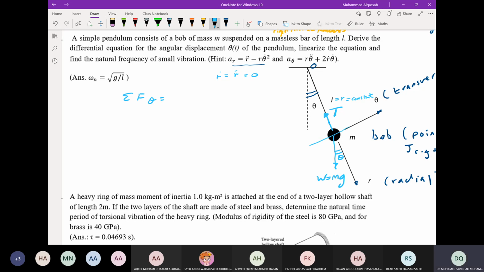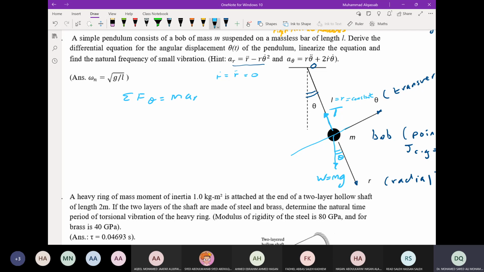It means you resolve along the theta direction. The force we have is minus W sine theta, equal to MAR, right? Let me write this. That equals M A theta.